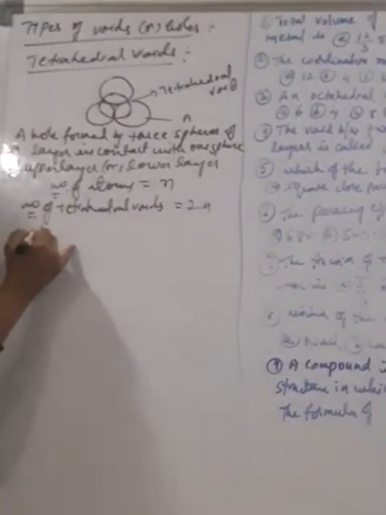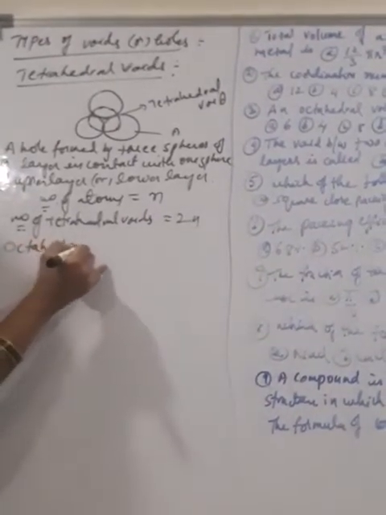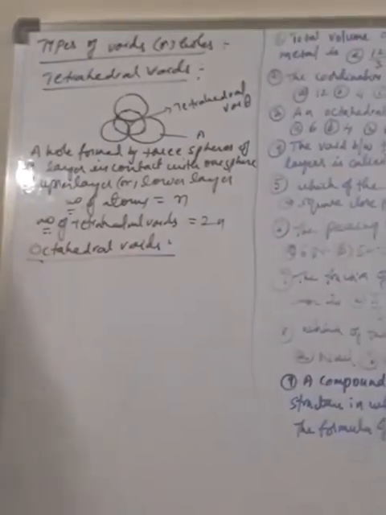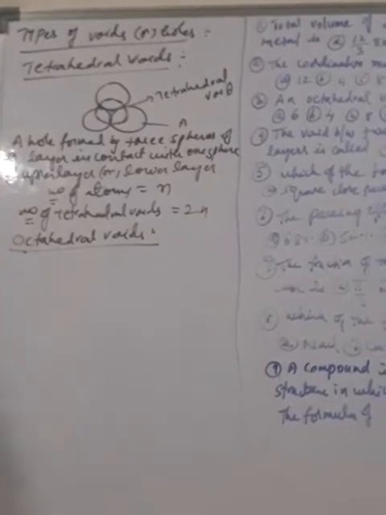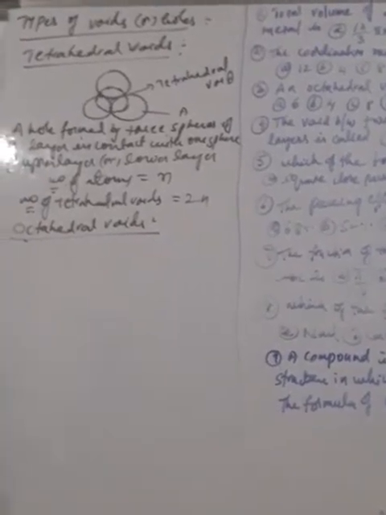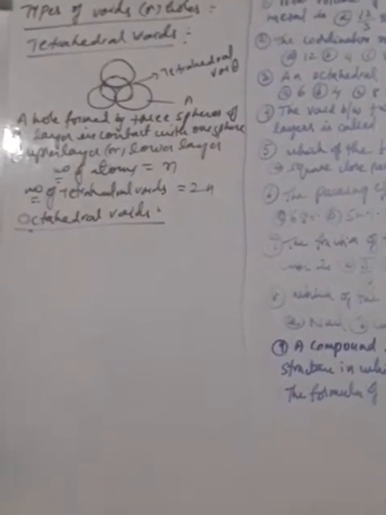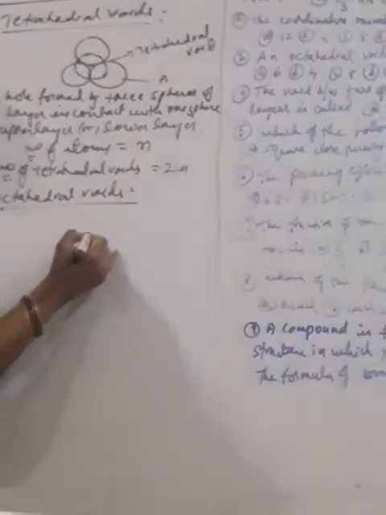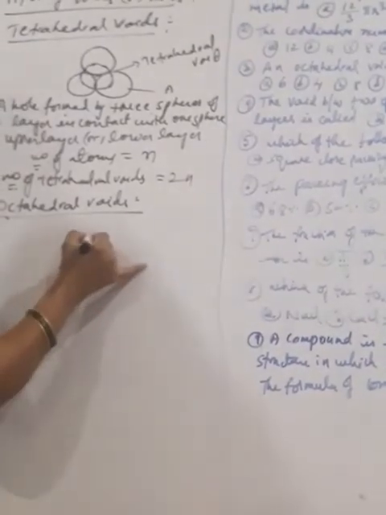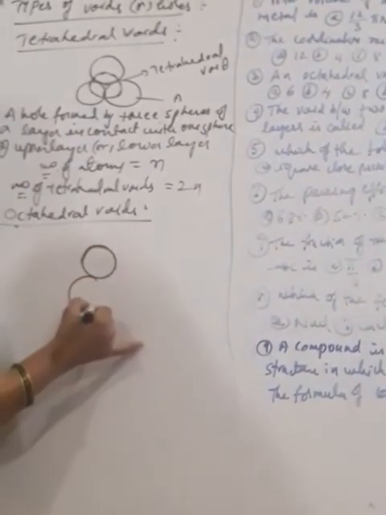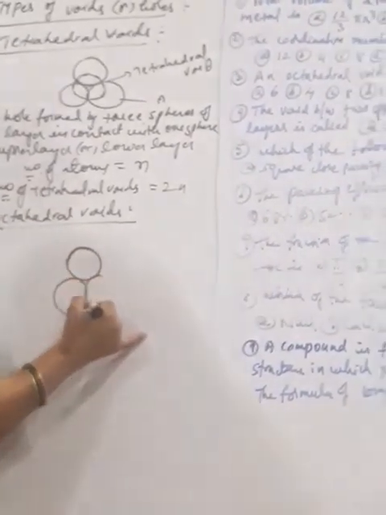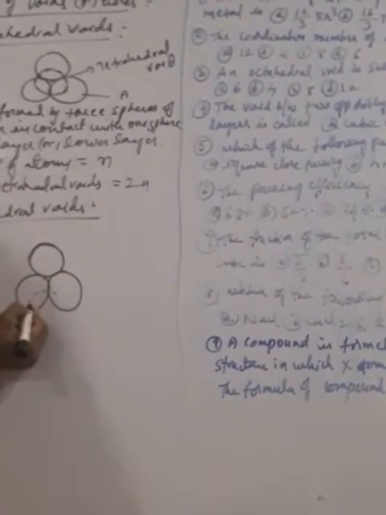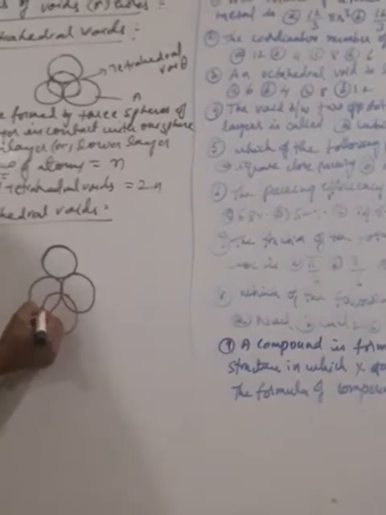Next, coming to the octahedral hole or octahedral void. An octahedral void is generally formed with 6 spheres. It is surrounded by 6 spheres. 3 spheres belonging to a particular layer form a hole with another 3 spheres which belong to the next layer.